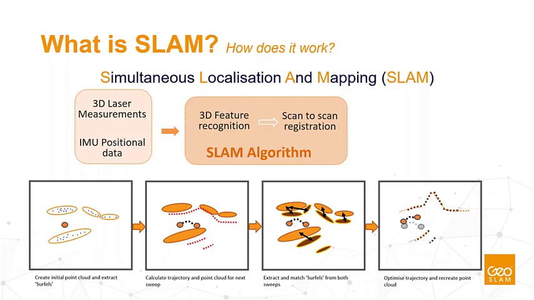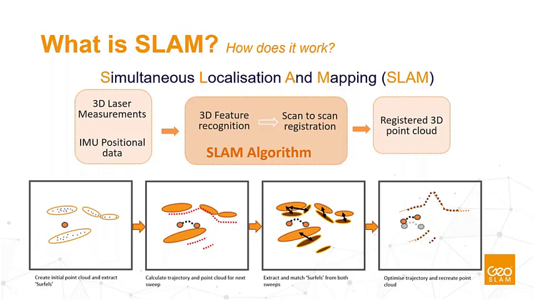And then as we move through the space, it will do what many refer to as a scan-to-scan registration. It's doing this continuously as we move through the space, and it's using that scan-to-scan registration to adjust our trajectory through the space and ultimately to create a registered three-dimensional point cloud.